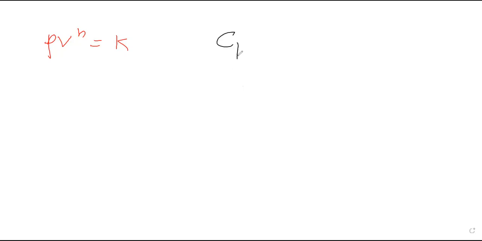Let's assume Cp and Cv to be the specific heat at constant pressure and the specific heat at constant volume of the gas. Already we know that gamma is the ratio of specific heat at constant pressure to specific heat at constant volume.